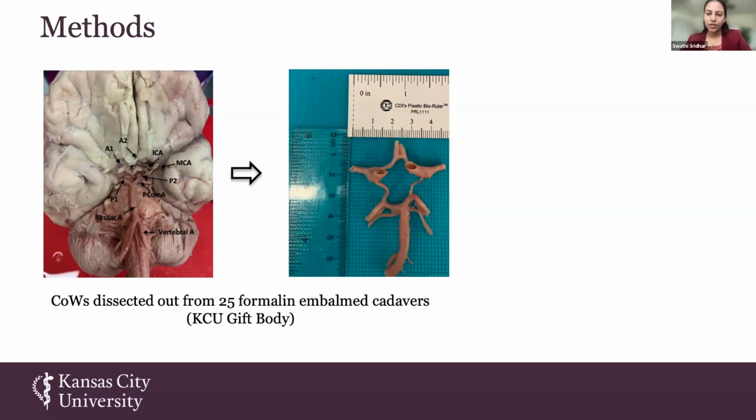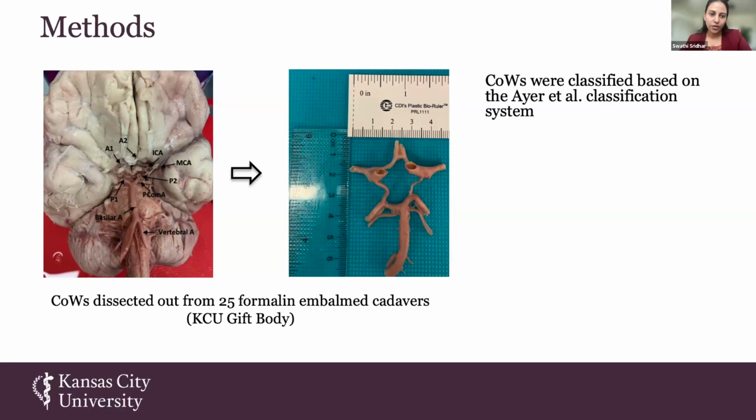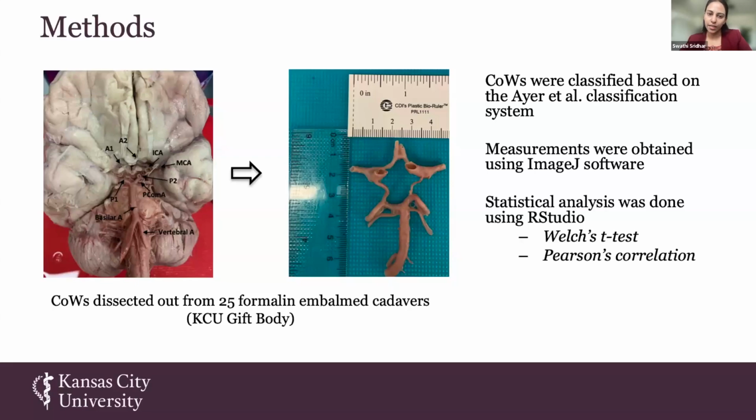Initial identification of the circle of Willis was recorded as either complete or incomplete based on a recent systematic review of the classification system proposed by Iyer et al. And here shown is the picture of the entire complete circle. And RStudio software was used for statistical analysis, and Welch's t-test and Pearson correlation were done for statistics.